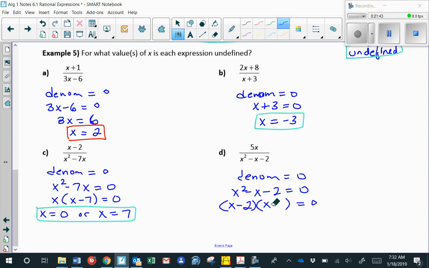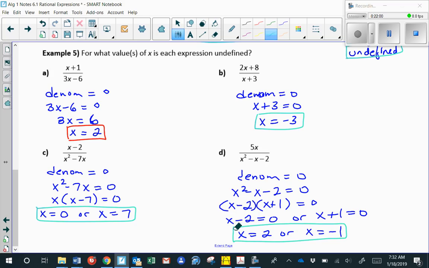Those are minus 2 and plus 1. So either x minus 2 is equal to 0 or x plus 1 is equal to 0. So there are two values, again, that make this fraction undefined. They're positive 2 and negative 1.